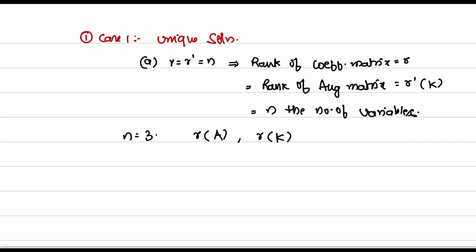Now, before finding the rank of matrix A, if the rank of the matrix is less than 3, then the determinant will be 0.